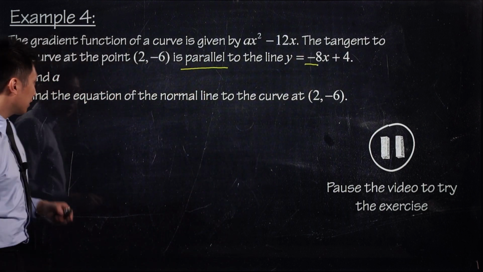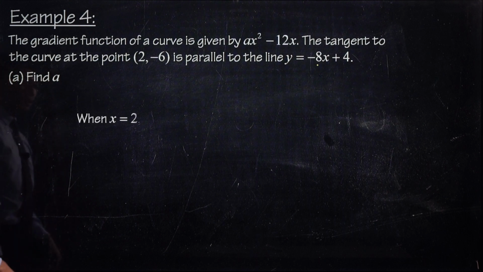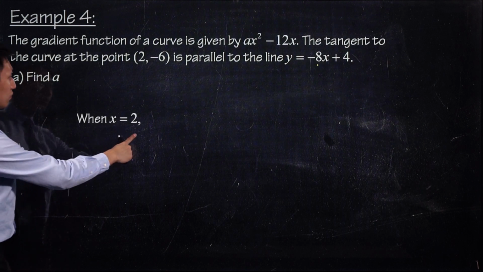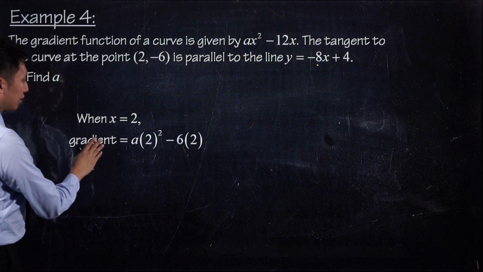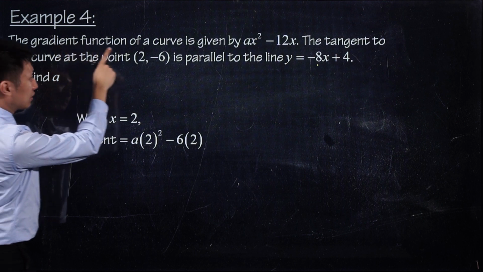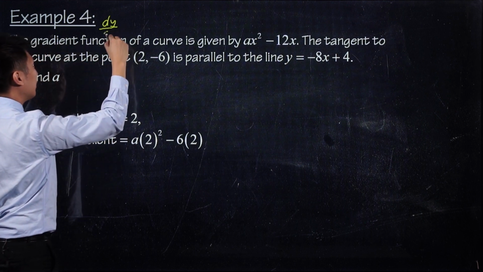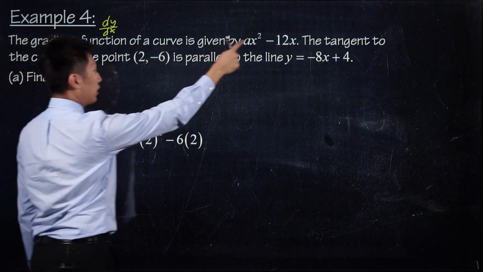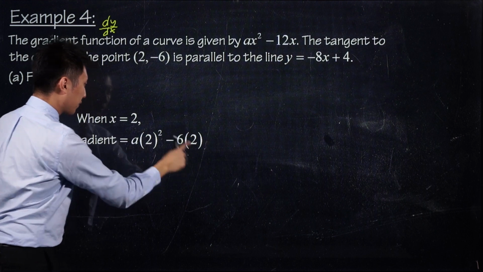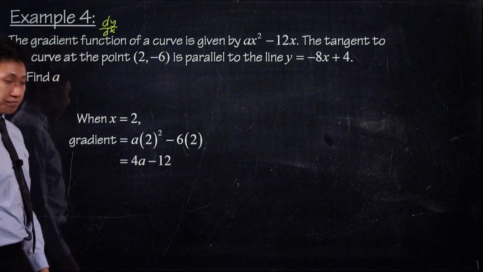So let's do question A. When x is equal to 2, dy/dx, the gradient. The gradient is given already. The gradient function is dy/dx. Gradient function actually means dy/dx. So for dy/dx, you substitute 2 inside, and you get 4a minus 12.